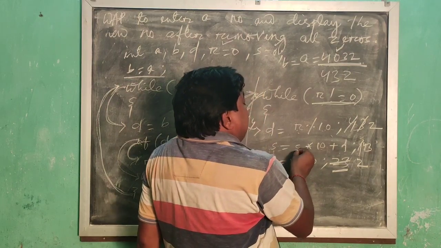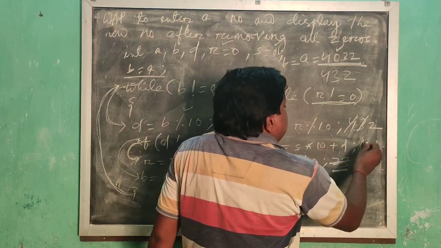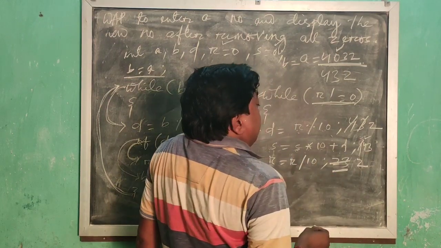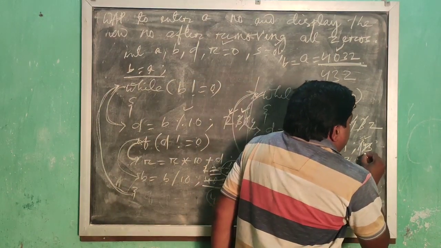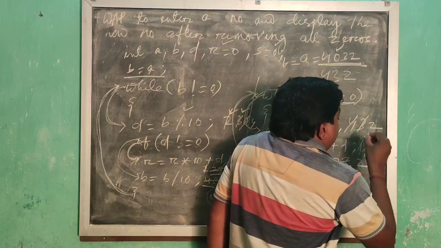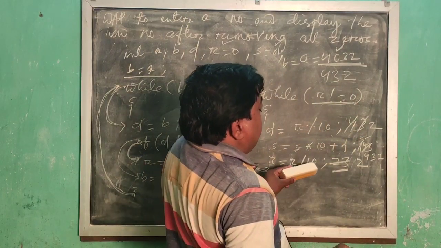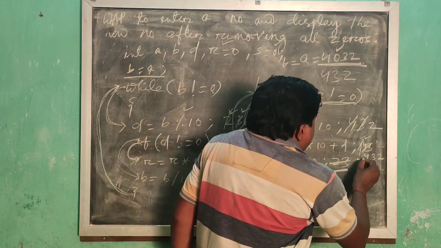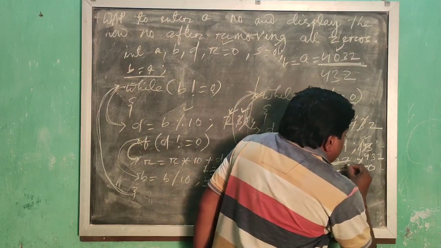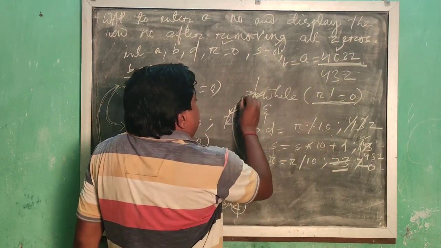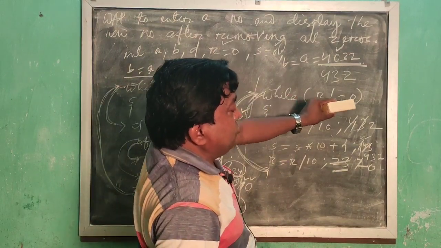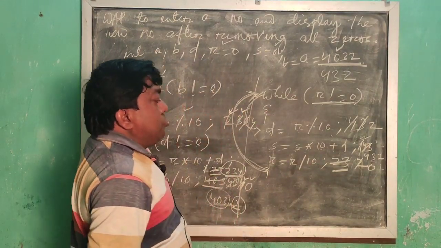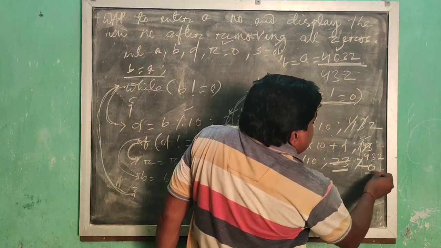Then s equal to s into 10 plus d. s was 43 into 10, 430 plus d, it will be 432. Then again it comes back here and checks the condition while r is not equal to 0. Is it true? No, because now r is 0.